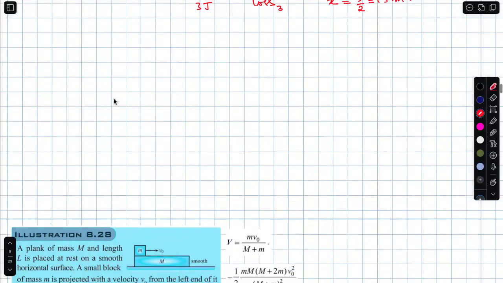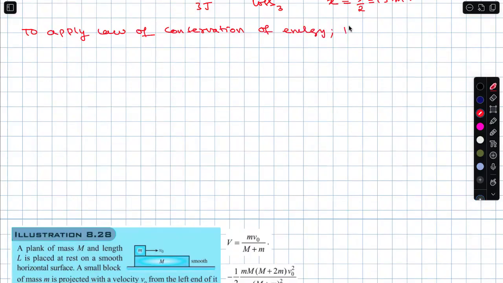To apply the law of conservation of energy, external force must be zero and internal forces must be conservative.